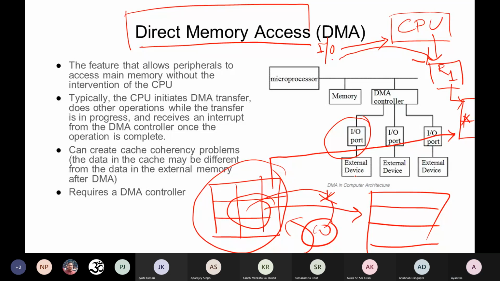Now DMA, direct memory access, is a special solution to release the CPU so that it can get busy with other meaningful work.